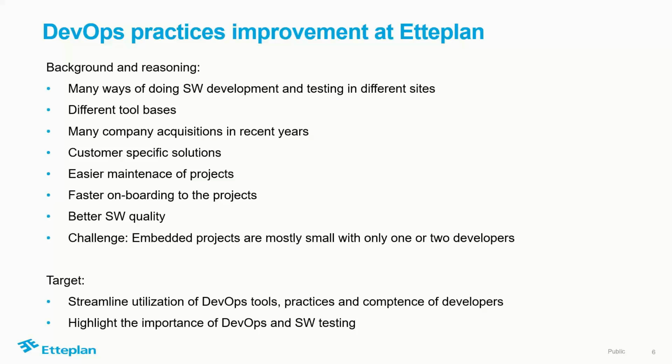First of all, we identified that we have done software development and testing in our different sites in quite many ways. So there are a lot of different people, a lot of different practices, a lot of different tool bases in use, and some legacy stuff also, because of many acquisitions that Etteplan has made in recent years.